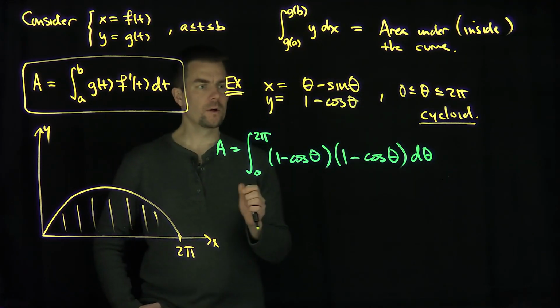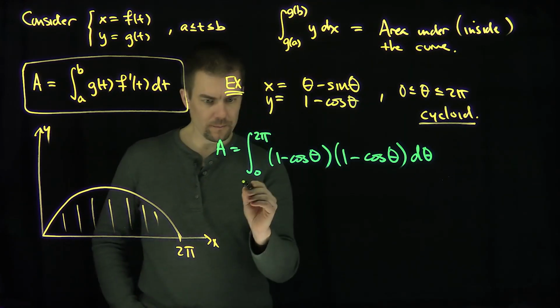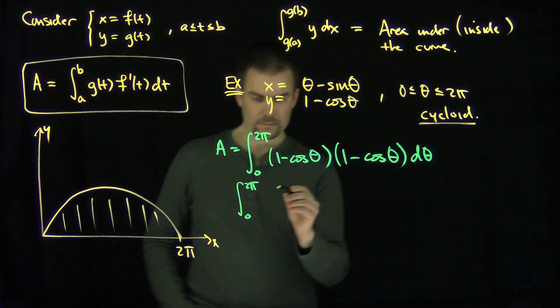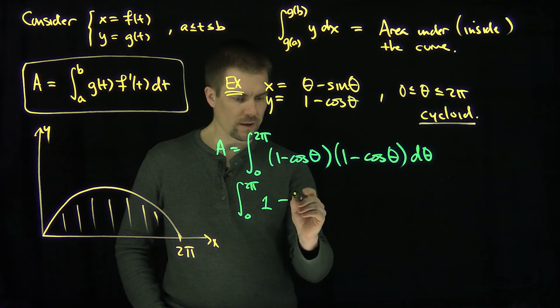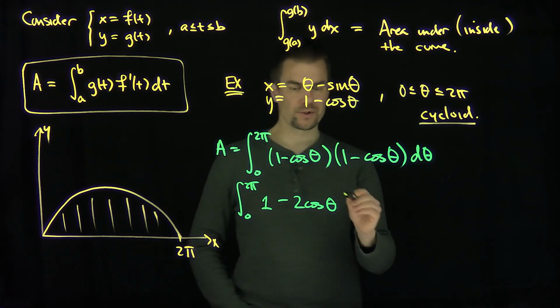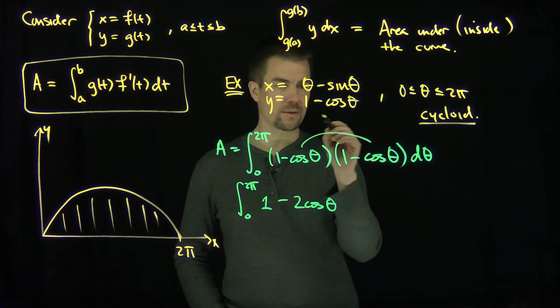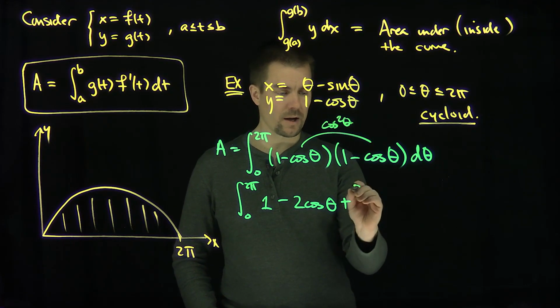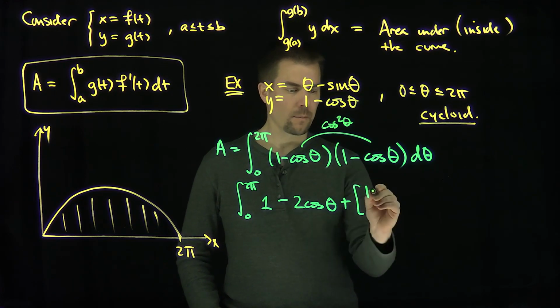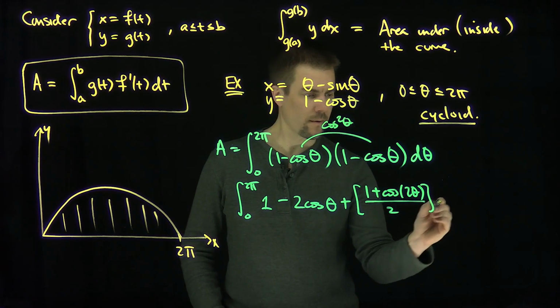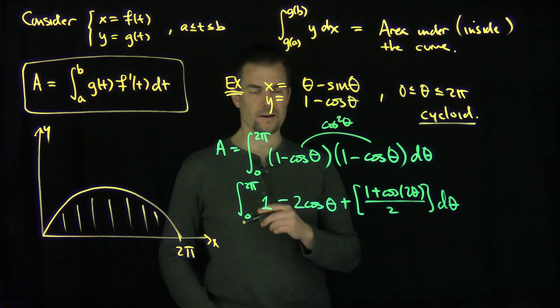So I really have the integral from 0 to 2 pi of 1 minus 2 cosine theta plus cosine squared theta. I'm going to use power reduction immediately on that, plus 1 plus cosine of 2 theta, all divided by 2, d theta.